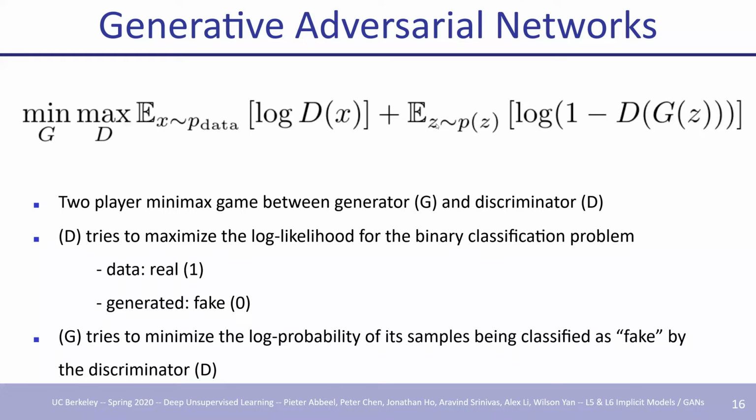And this Z is coming from the distribution of the latent space. And what we also want is to calculate the discriminator of the generated, and we want this to say that this is fake. And if it says it's fake, it's 0, and so this would be log 1.